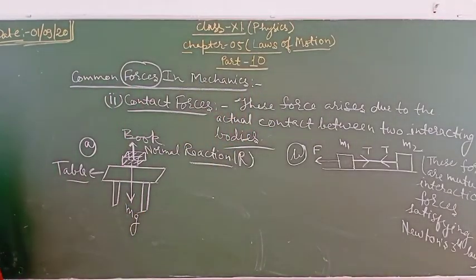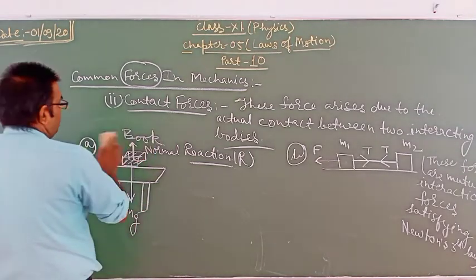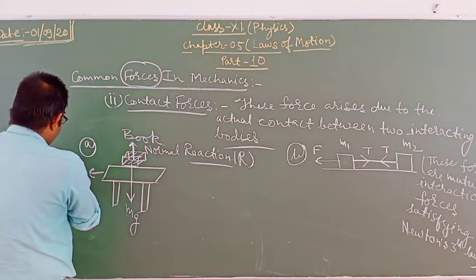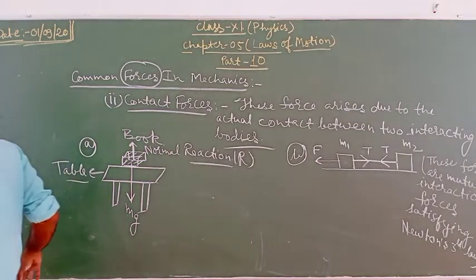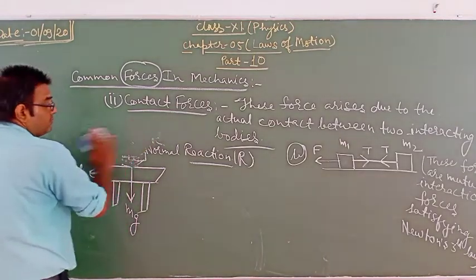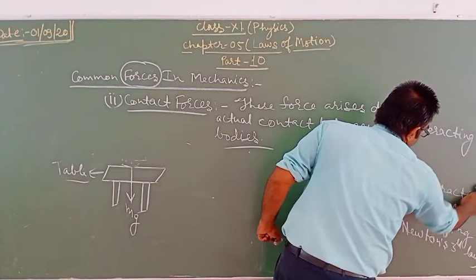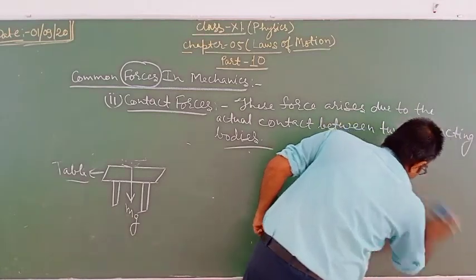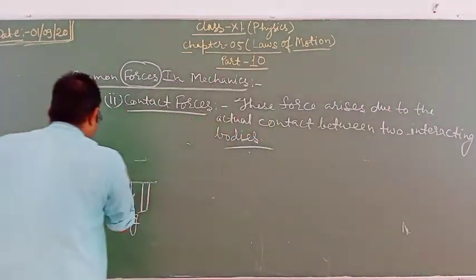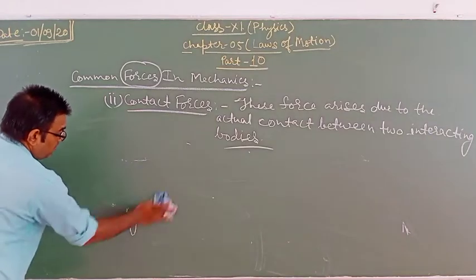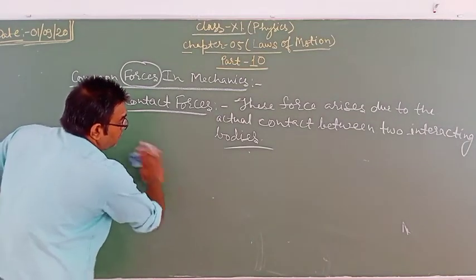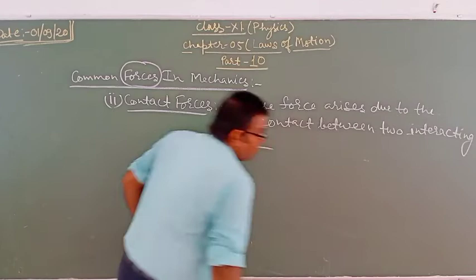Now this is the case of the solid. Now in liquids also, when solids are in contact with fluid, this is the third example we are taking. In fluids also, fluids means what?